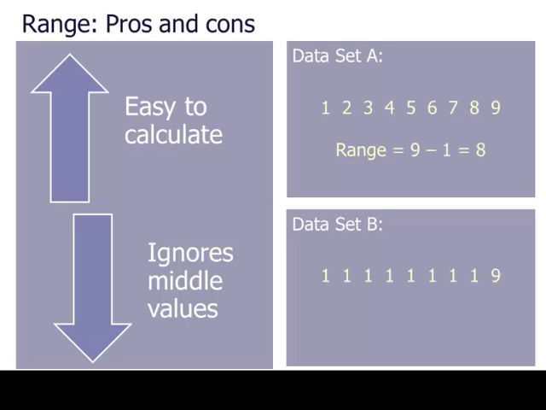Despite these differences in variability, the range of both data sets is equal to 8. This example illustrates how the range can be deficient as a measure of variability, because it considers only the largest value and the smallest value in a data set. It ignores variability in the middle values.